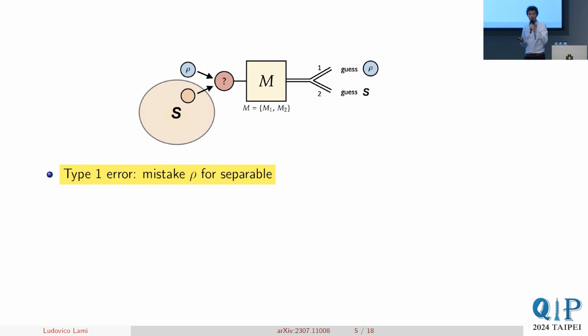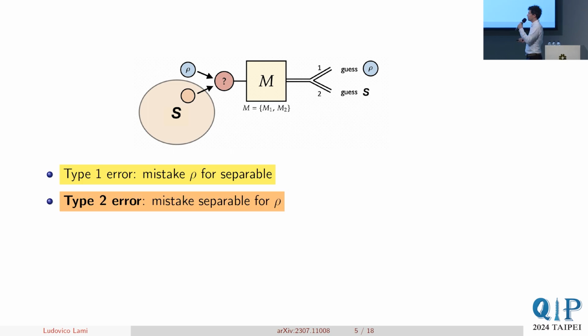There are two types of error you can make. A type 1 error is when the state was rho, the entangled state, but you thought it was separable. You didn't recognize that the state was actually entangled. Then there's the opposite, the type 2 error: the state was actually separable, but you thought you got an entangled state. I would argue that in many reasonable scenarios this is the most serious type of error.